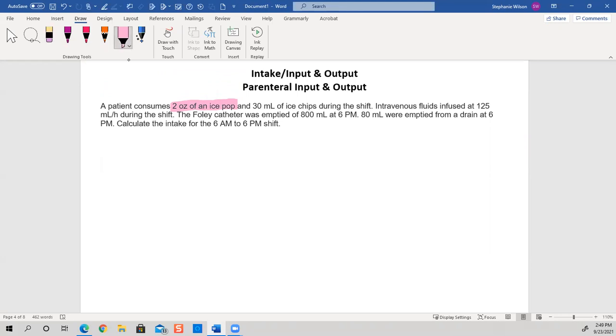All right. So we have 2 ounces of an ice pop, and we have 30 milliliters of ice chips. Let's talk about ice chips. Whenever we have ice chips in a container, once it gets to room temperature, it melts down. You can have a cup that's full of ice, and after it sits in the room for a little while, it goes down to half the volume.